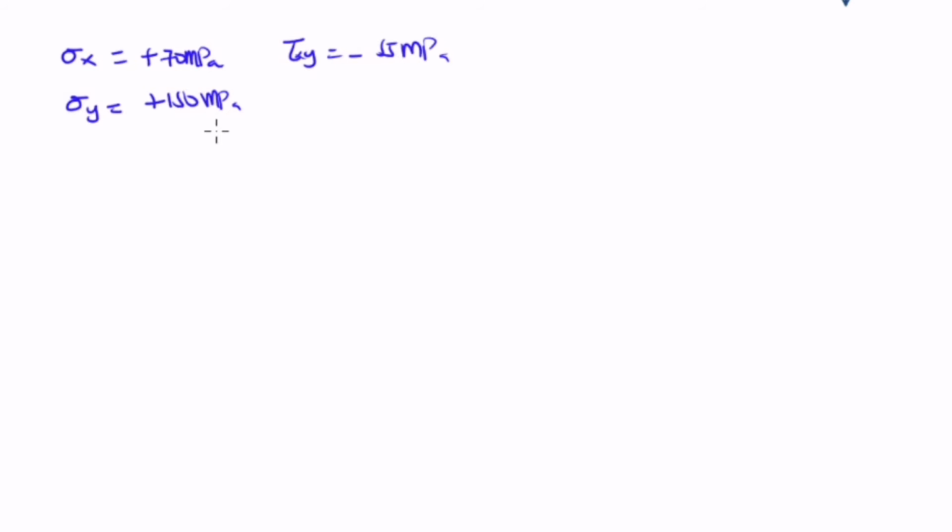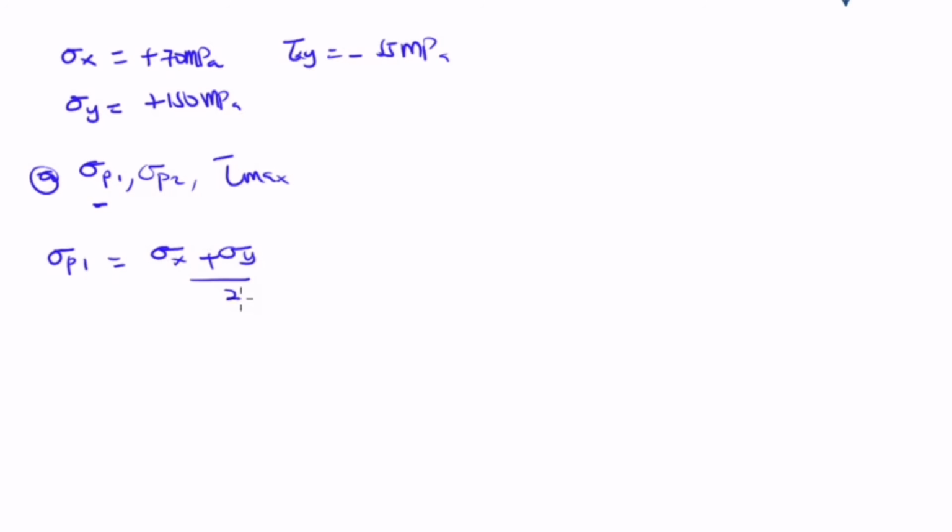So for first question, we are asked to determine the what? The principal stress. So A, we are determining the principal stress and the maximum in-plane stress. We are finding σ1, σ2, and also we find our tau max. So let's solve for our principal stress 1. So for principal stress 1, the formula is going to give us, we have the stress in the x plus the stress in the y direction divided by 2.